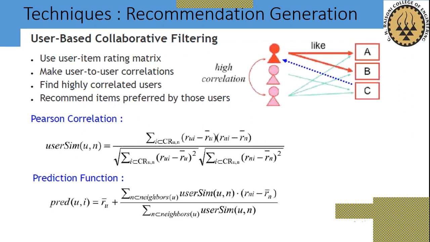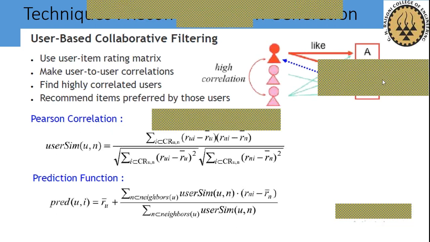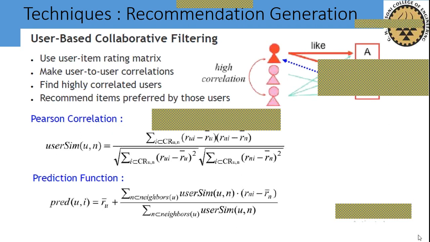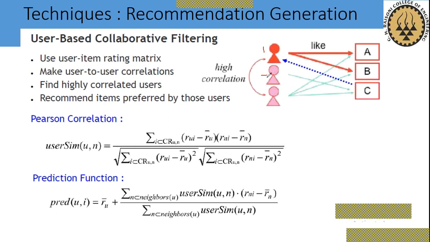So how to find out the user based recommendation system? In user based, we are finding out the user item matrix. First, there is one matrix we are considering, called a user item rating matrix. Each user has to give some rating to the item. For example, A, B, C are the items, and there are users, say user 1, user 2 and user 3.